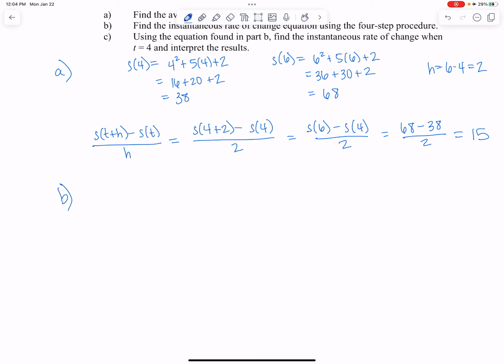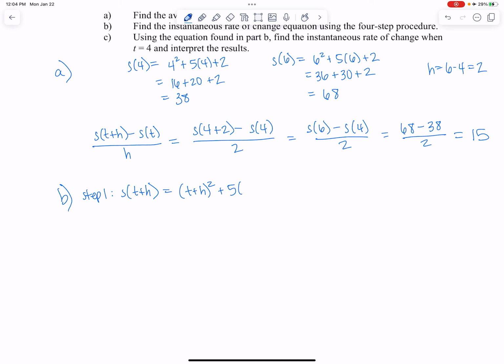B, we'll start with step 1. S of t plus h. So we've got t plus h squared plus 5 times t plus h plus 2. This is going to give us t squared plus 2th plus h squared plus 5t plus 5h plus 2.